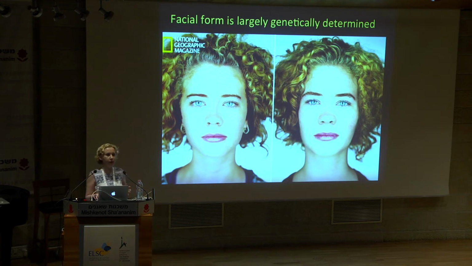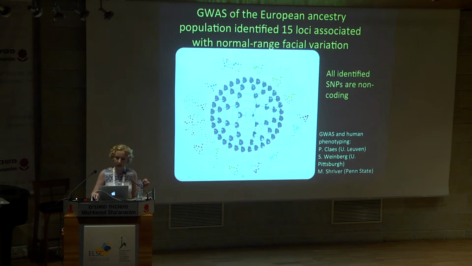So therefore, this ability to measure, together with the fact that it's highly genetic, opens up genome-wide association studies, and indeed our collaborators Peter Claes, Seth Weinberg, and Mark Shriver have recently performed a genome-wide association study of a population of European ancestry and identified about 15 highly reproducible loci associated with normal range facial variation.